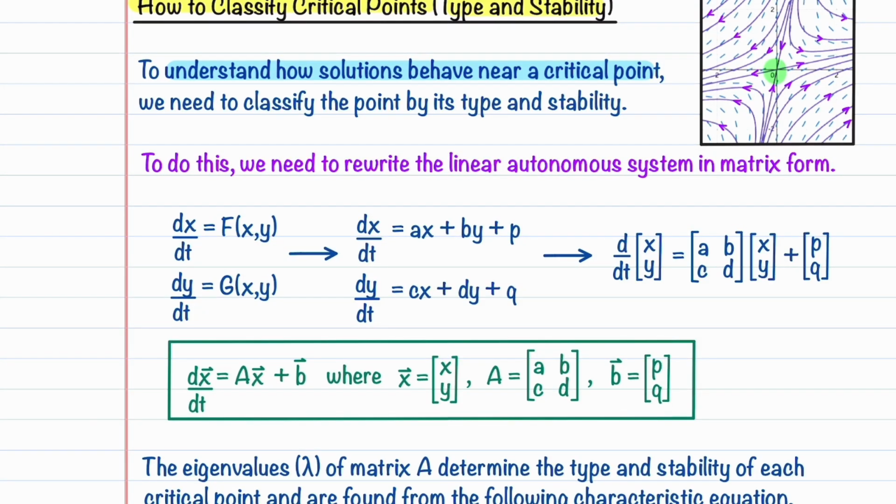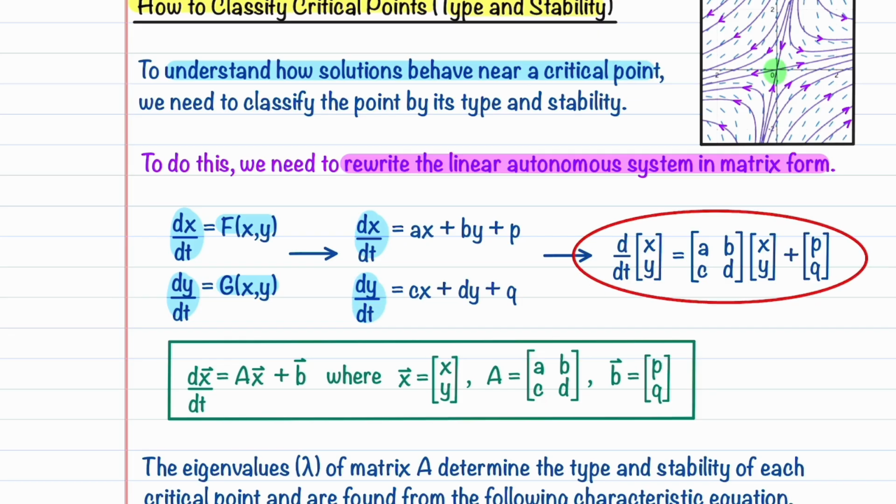To classify a critical point, we need to rewrite the linear autonomous system in matrix form. A system that looks like this, dx/dt is equal to a function f of x and y, and dy/dt is equal to a function g of x and y, written more specifically like this, where we spell out what f and g are, looks like this when you write it in matrix form.